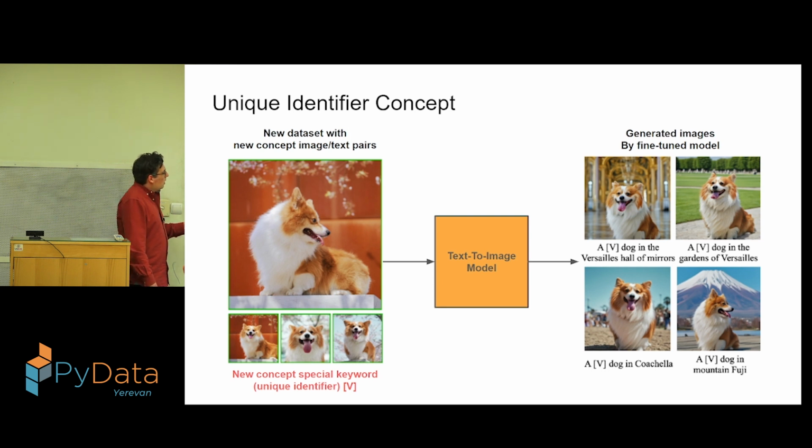The idea is that if you want to teach the model something very specific, where the distribution is much smaller than the original distribution of the model, you can fix the actual part of the latent space by introducing a special keyword for this data.